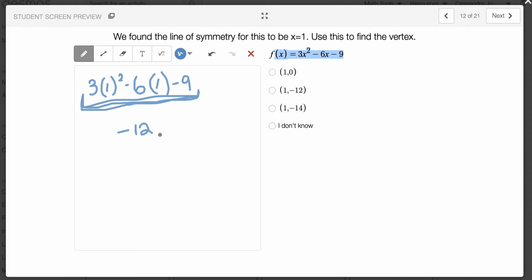So my x value was 1, which we found from the previous equation, and our y value is negative 12. The line of symmetry and the vertex are related. You have to find the line of symmetry first using that equation, and then you can plug it in to find the vertex.